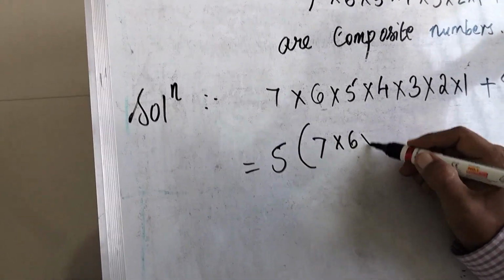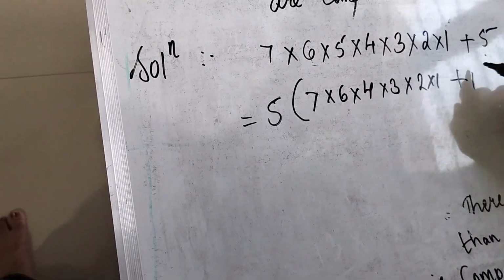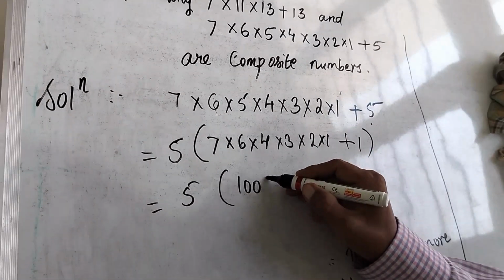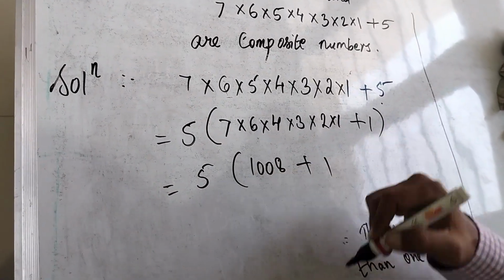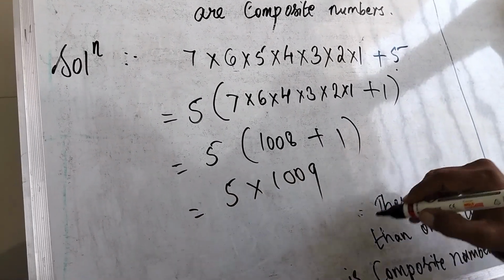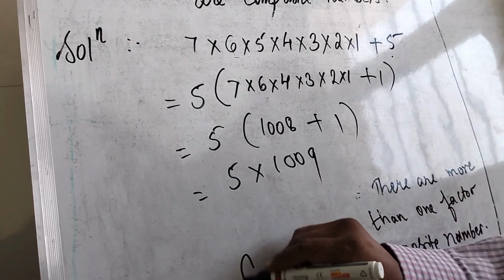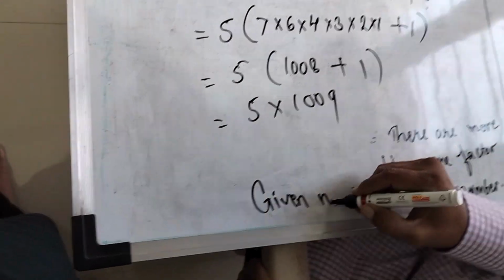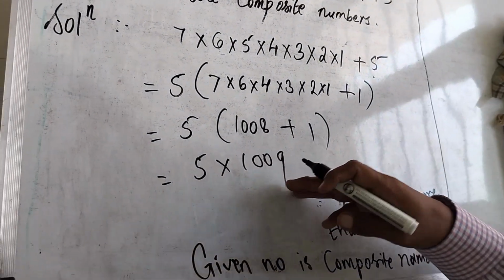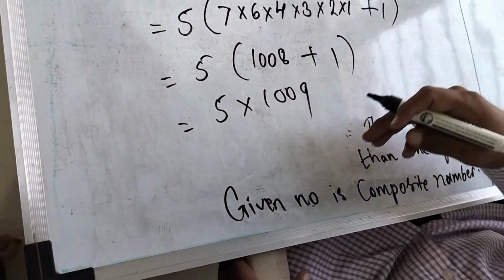Internally 7 into 6 into 4 into 3 into 2 into 1 and plus 1, which is equal to 5. 1008 plus 1, which is equal to 5 into 1009. There are again two factors. There are more than one factor. That is why given number is composite. You are getting more than two factors, that is why you can say it is composite number.